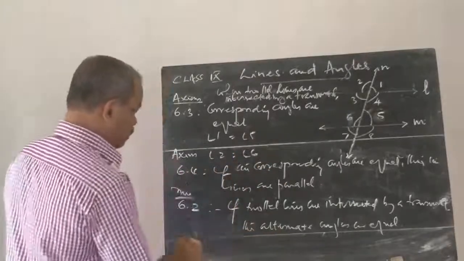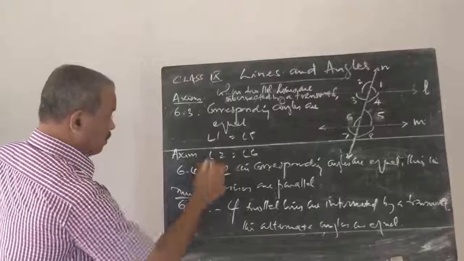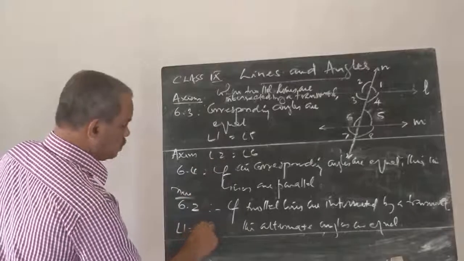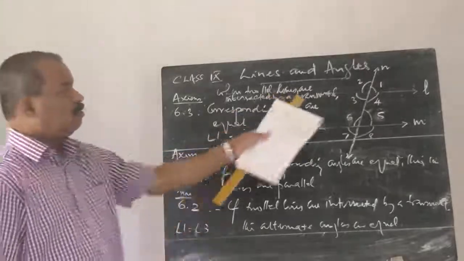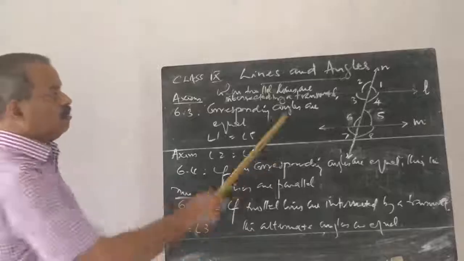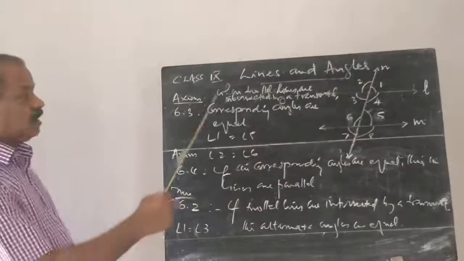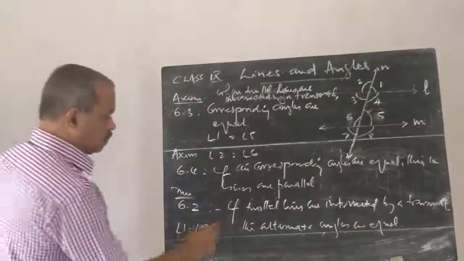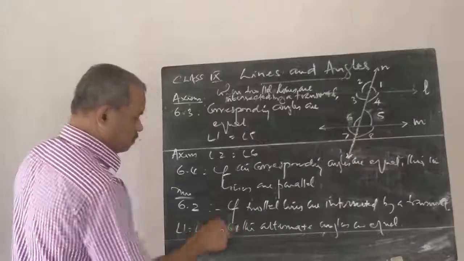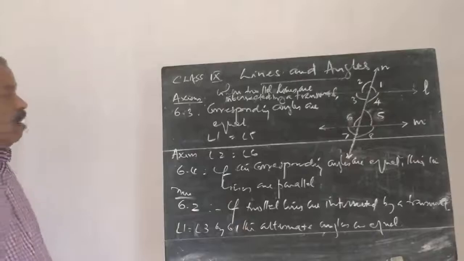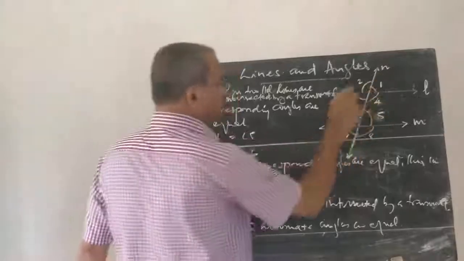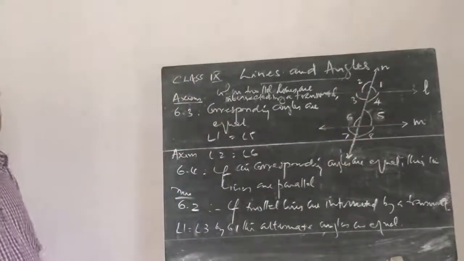Proof of this can be written in the figure. Angle 1 equals angle 3. Reason: vertically opposite angles, that is theorem 6.1. What is the relation between 1 and 5? They are corresponding angles.